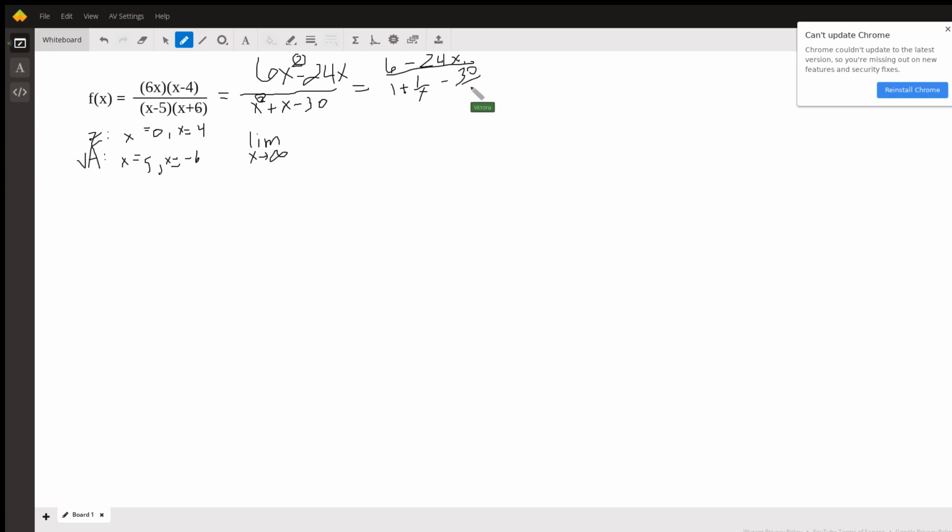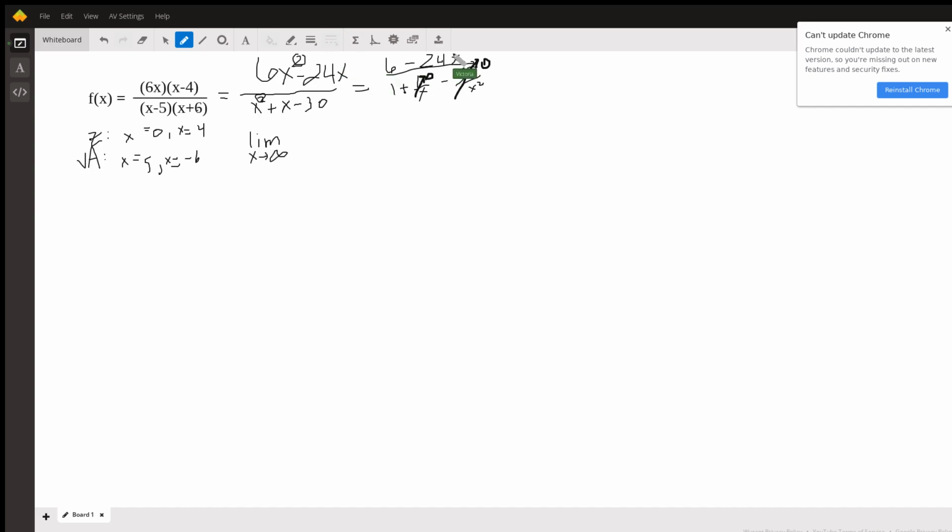And if you take the limit of that as x approaches infinity, 1 divided by infinity is 0, because 1 divided by a huge number is pretty much 0. So that goes to 0. 30 divided by infinity squared is 0. This should say 24 divided by x, sorry.